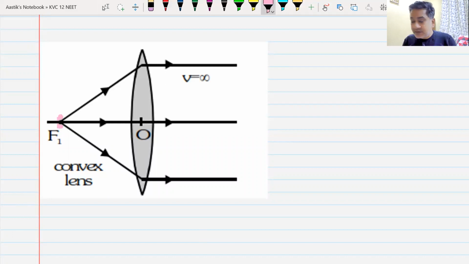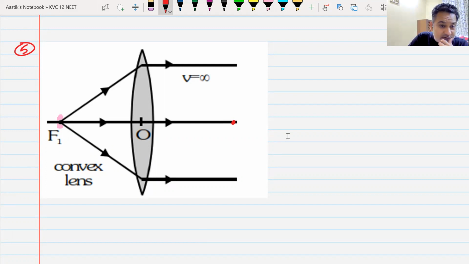If I place the object at this focus, the image will be formed at infinity. Or if I place the object on this side, on this focus, then this will become the first principal focus. The image is still formed at infinity. So it is the same whatever way you look at it. Do we understand this? Yes, sir.